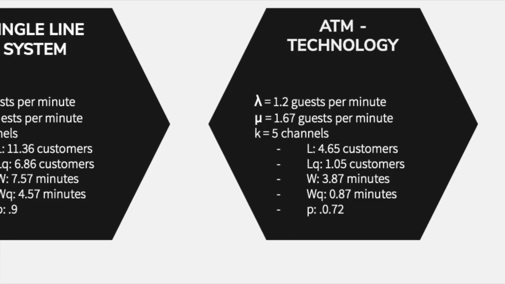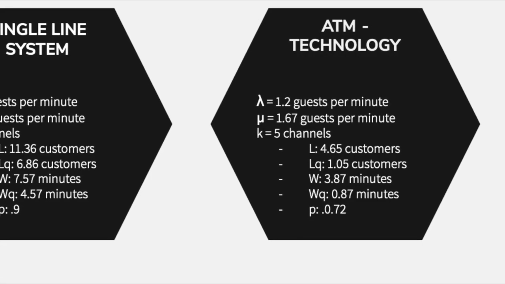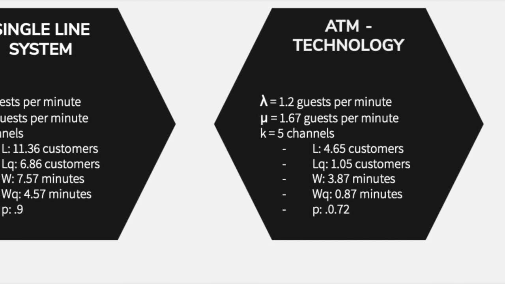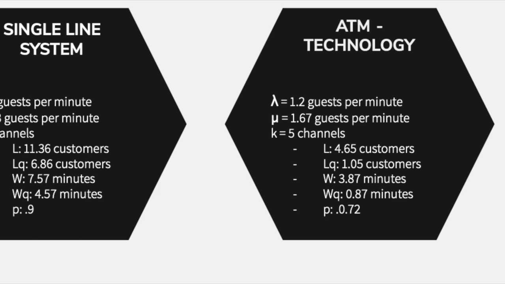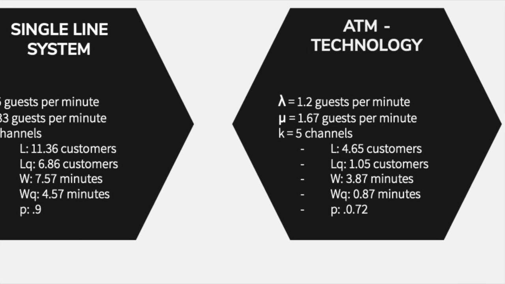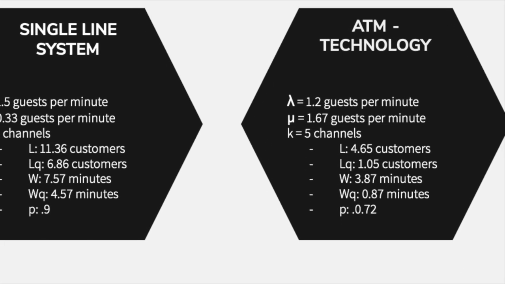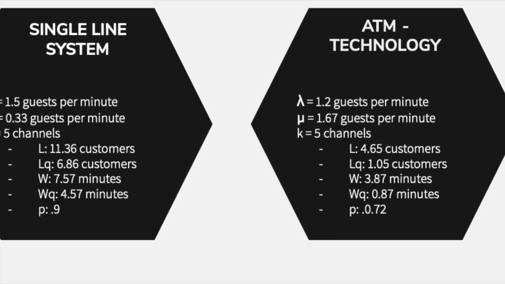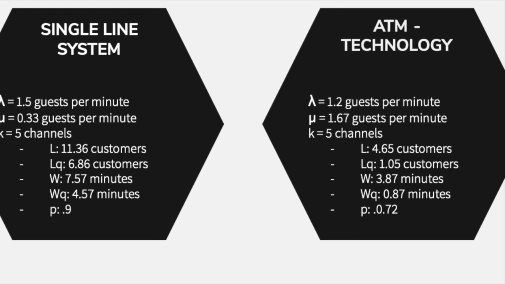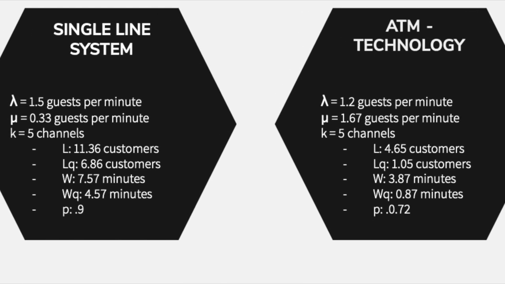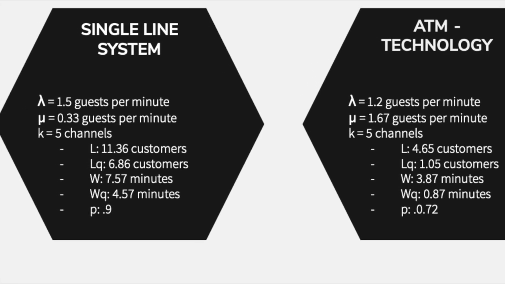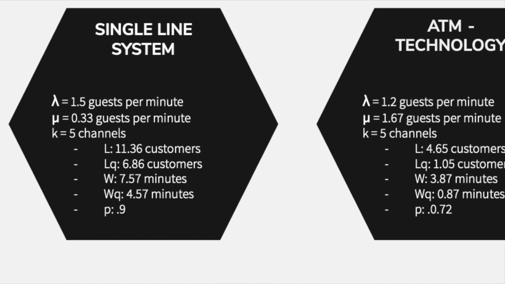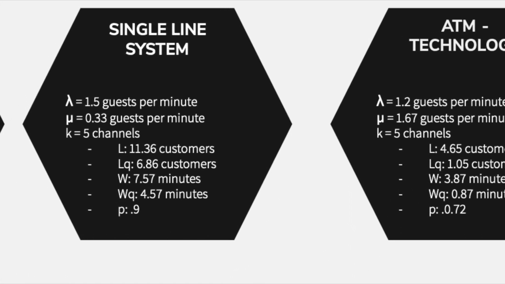In the 3 alternatives, we have the following results. In the ATM technology, the arrival rate is 1.2 guests per minute. The service rate is 1.67 guests per minute. In this alternative, we have 5 channels, and the number of customers in the whole system will be 4.65, and the waiting time is 3.87 minutes.